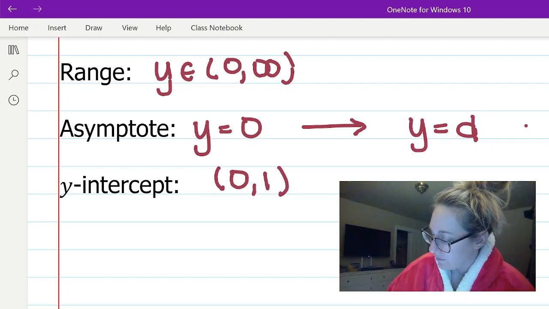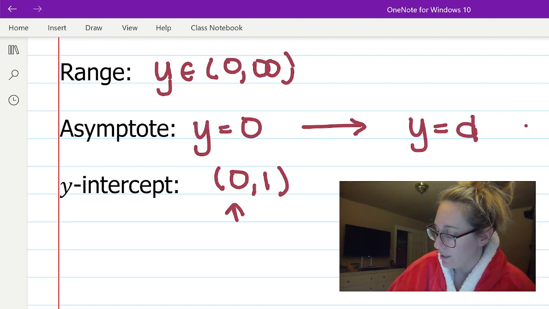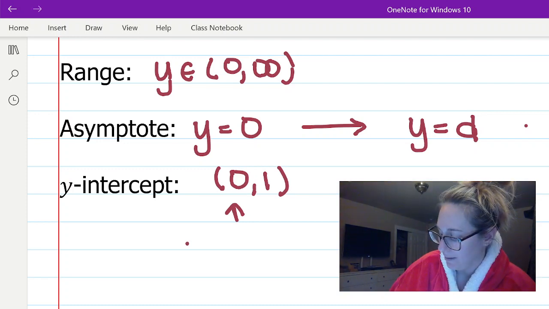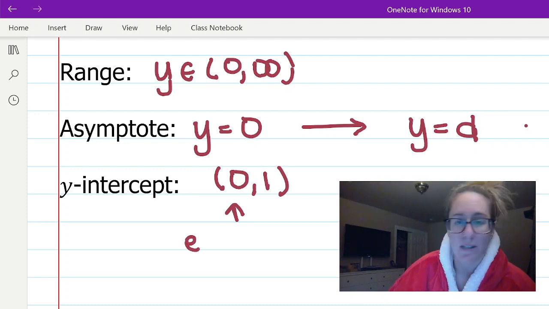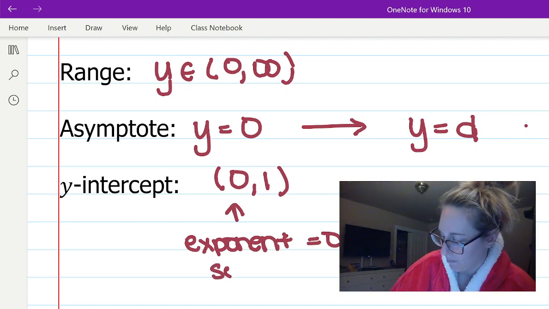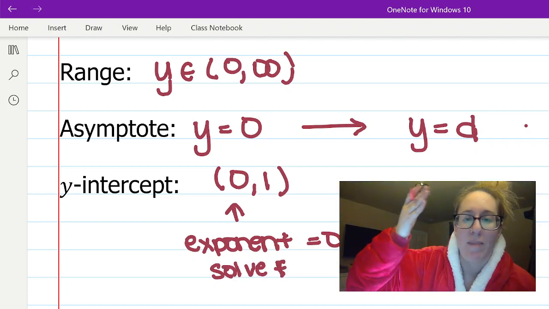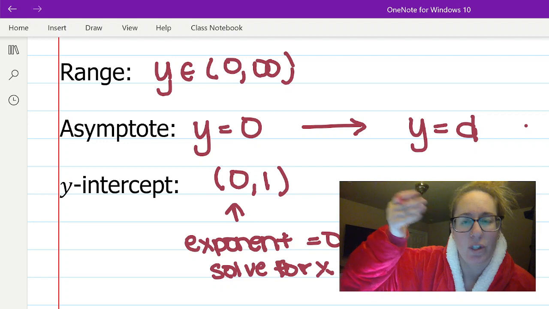To find the x value for your y-intercept, you're just going to take whatever's in your exponent, equal it to 0, and solve for x. Because you're just figuring out what value would make your exponent equal 0, because that's what you're looking for.